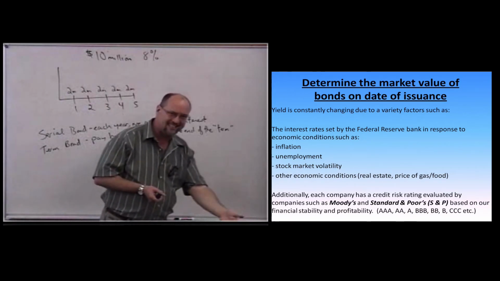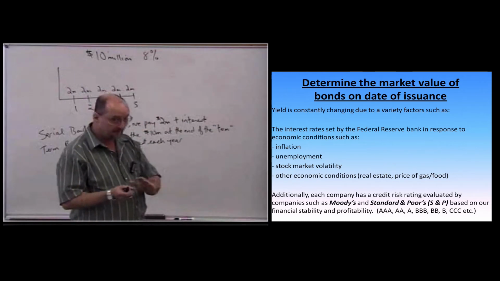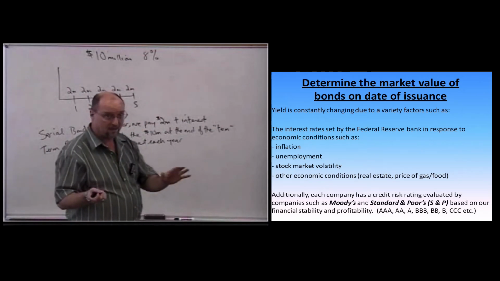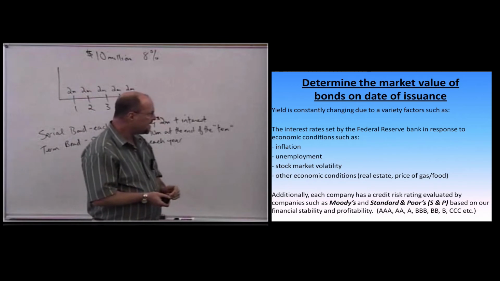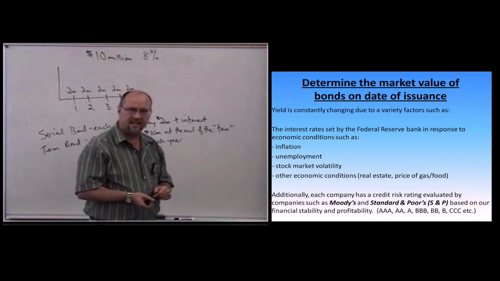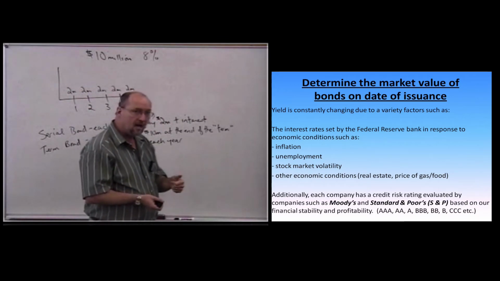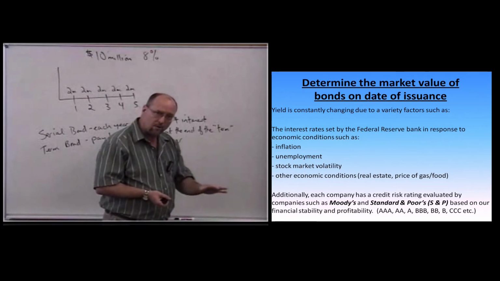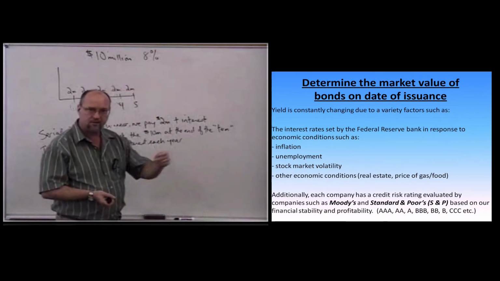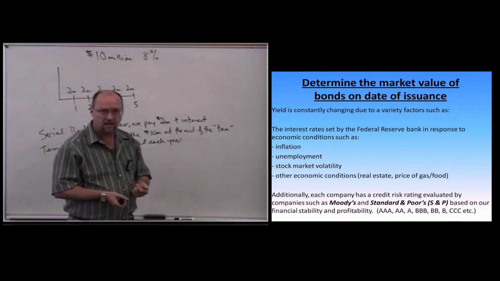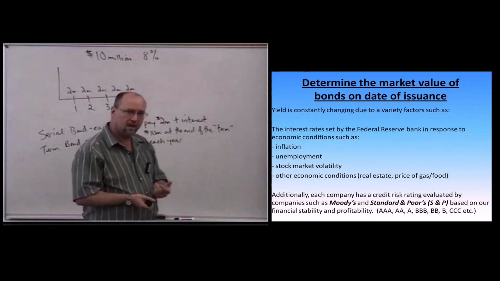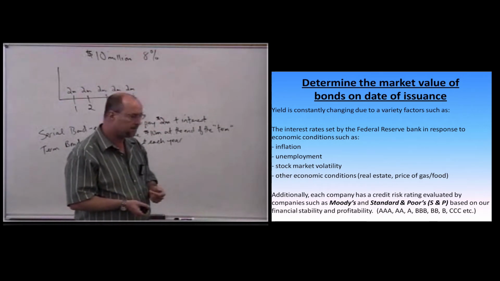And below, once you get into the C's, you're actually in default. And these bonds have just become bad news. Okay? So companies want preferably some sort of an A rating, and again, the higher the better. The higher the credit rating, the lower the interest rate we have to pay, the less interest we have to pay, which is obviously desirable. It's like if you buy a house, you want to borrow at a lower interest rate. Same thing for a business.